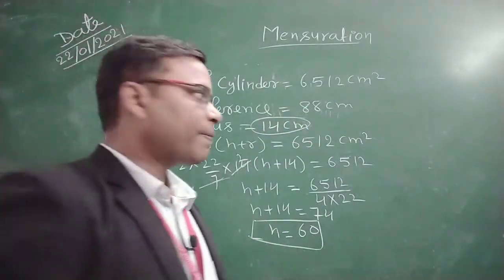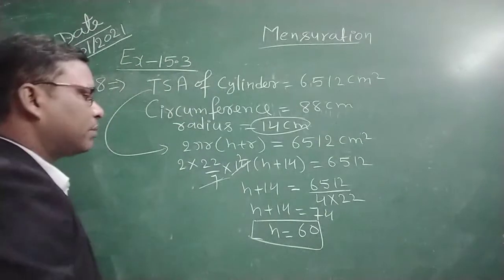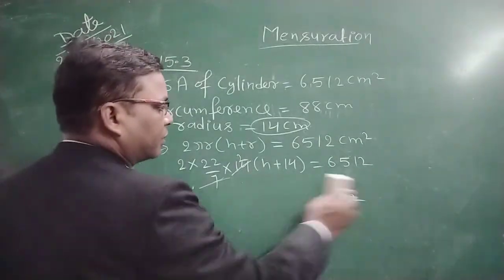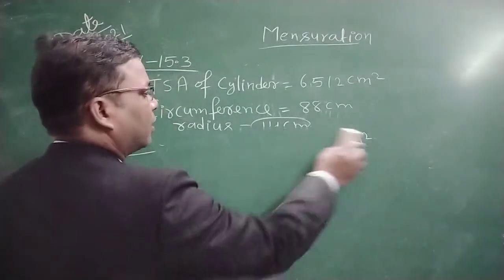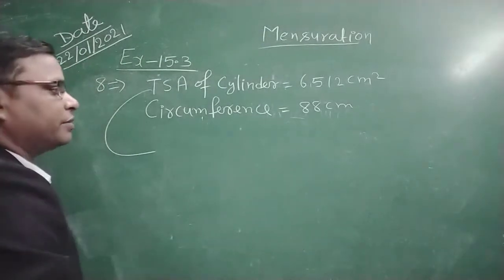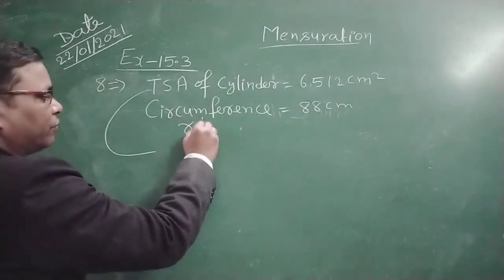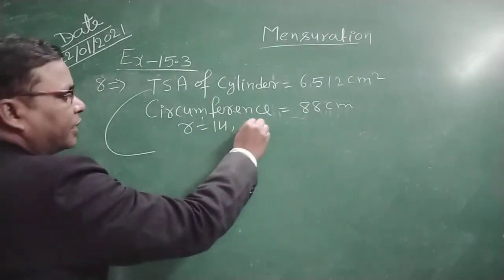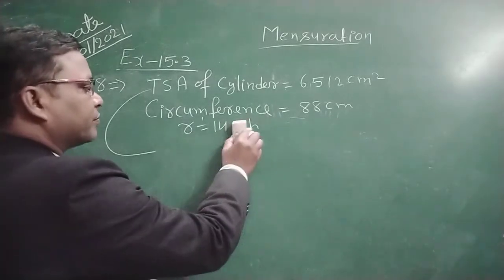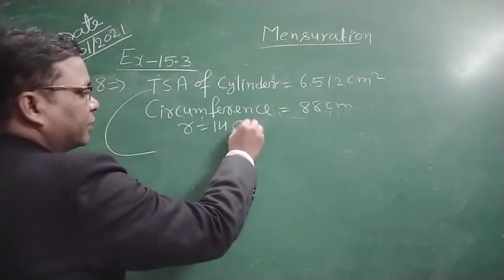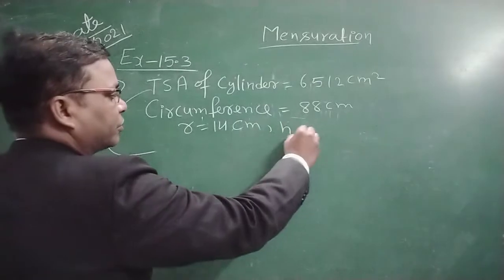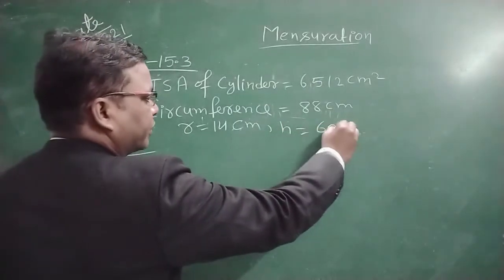If you put these in the formula, what is the formula to find the volume of the cylinder? Here r is equal to 14 centimeter and the height is equal to 60 centimeter.